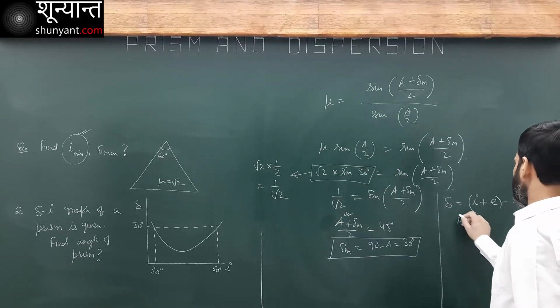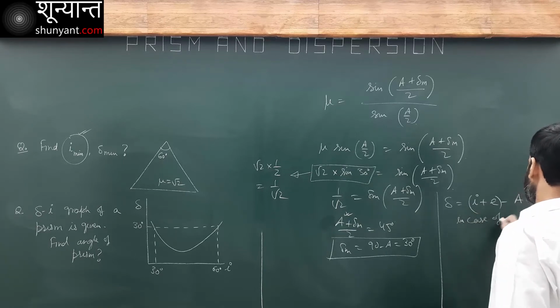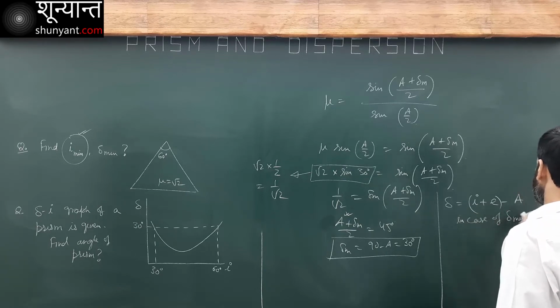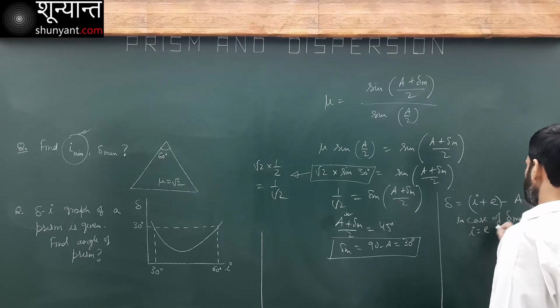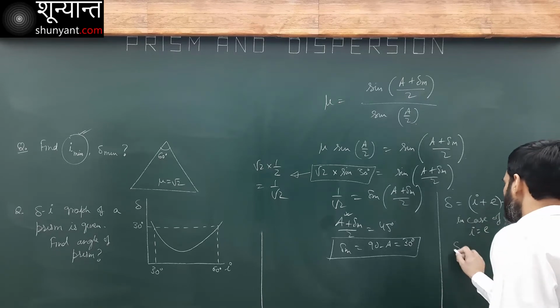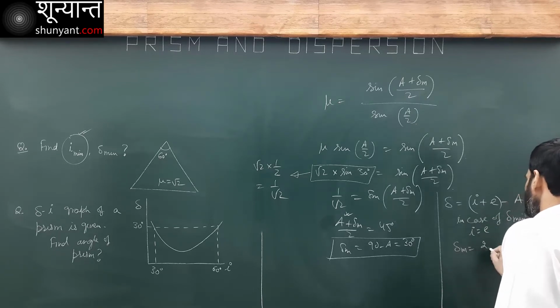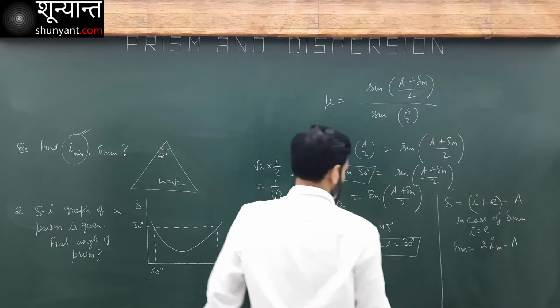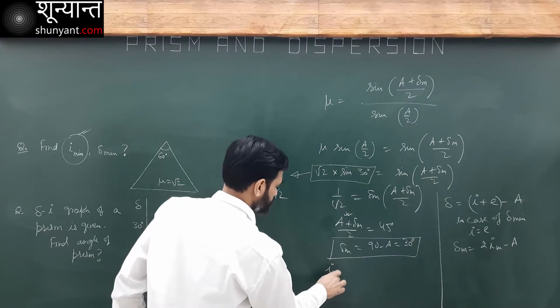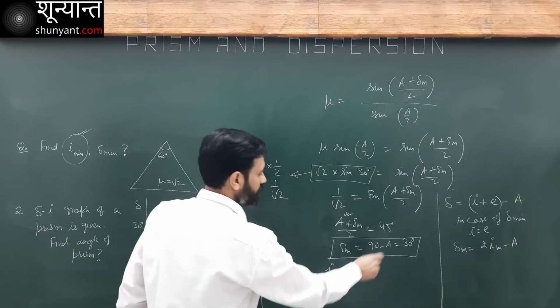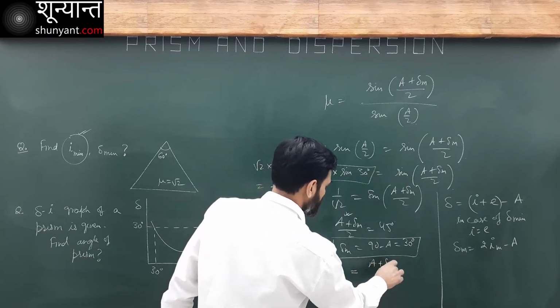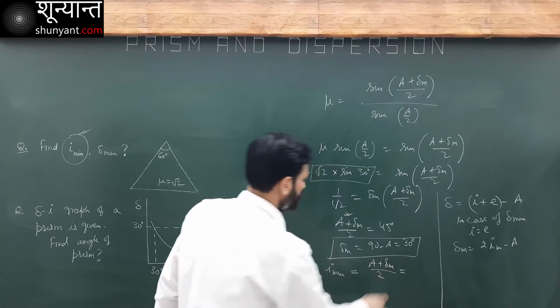In case of minimum deviation, I is equal to E. So this delta m is 2 times Im minus A. I can use this here. So I minimum is equal to A plus delta m over 2.